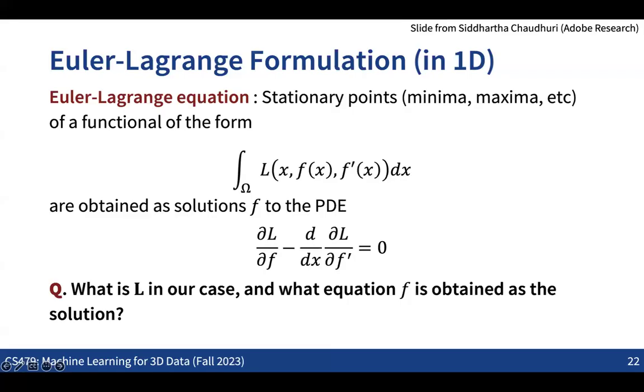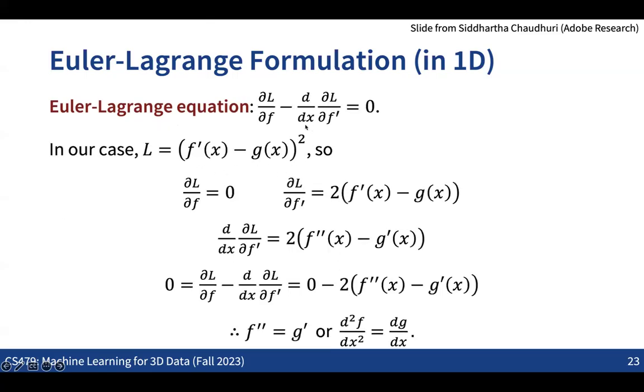So yeah, let's see step by step. Given the least squares problem, we can define the function L in this way, right? So the function L becomes the least squares term itself. Given the L function, if we take the derivative of L with respect to the function f and f prime, we get these two terms.